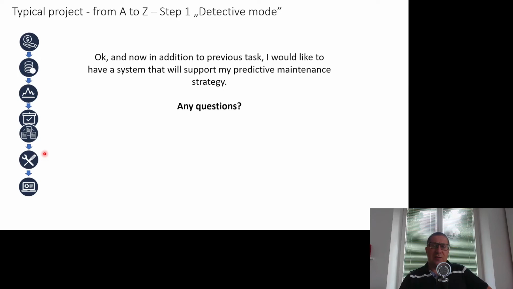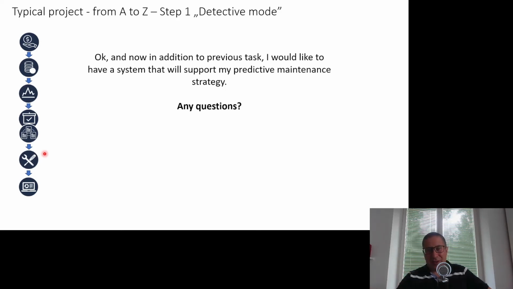In the predictive maintenance projects, our goal is to create a trap, a trap that is dedicated for a particular type of a failure. We would like to catch the early symptoms of this failure.